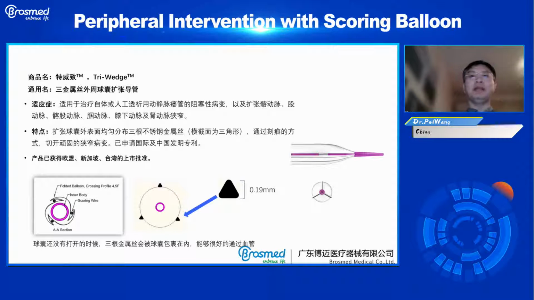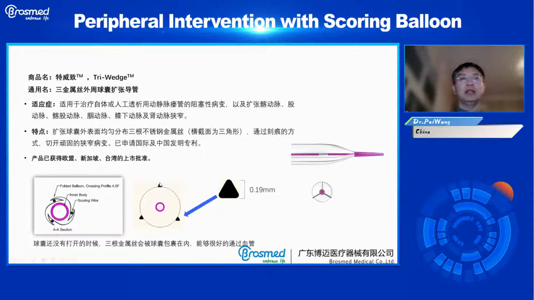So for such a balloon, this is the tri-wedge. We could see the indications, including the peripheral arteries and AVF stenosis lesion. This balloon has a triangle-shaped guide wire that is not a circle, but a triangle.